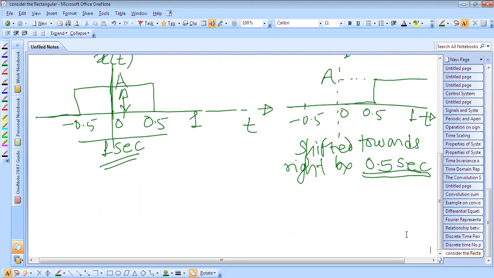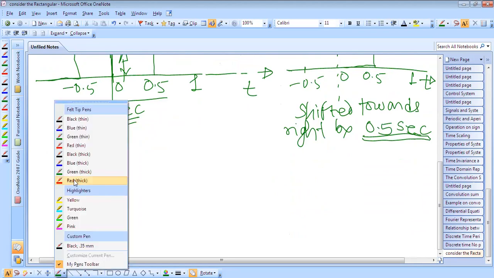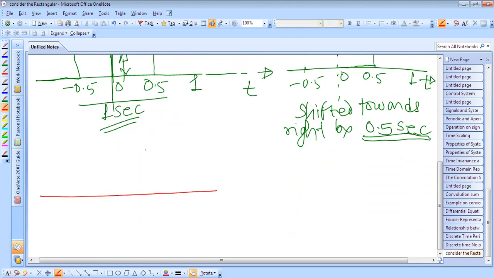Now we will shift toward the left by 0.5 second. If you shift toward the left by 0.5 second, this is amplitude A and this is x2 of t.